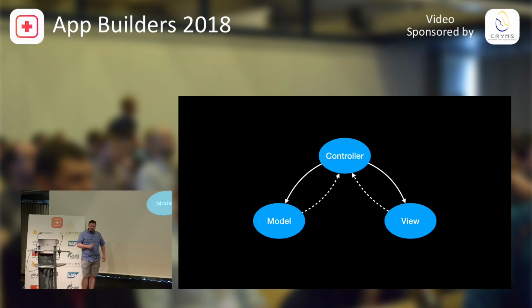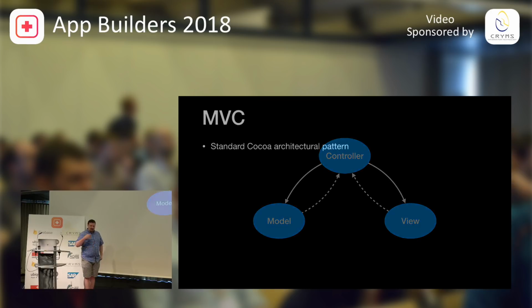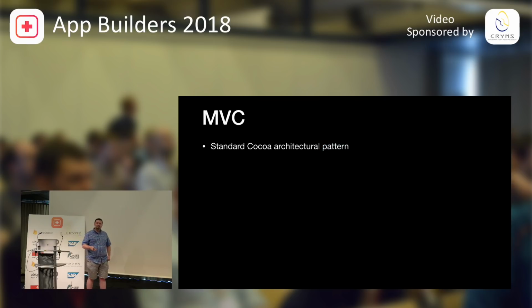One of the things I want to point out is that we talk about this being a pattern, but it's not really a pattern. It's more of a philosophy. It's a way of thinking about things. And the philosophy is that MVC says we need to separate concerns. What does that mean?